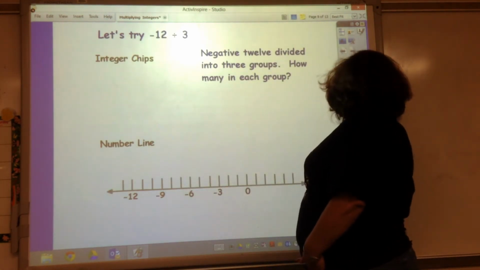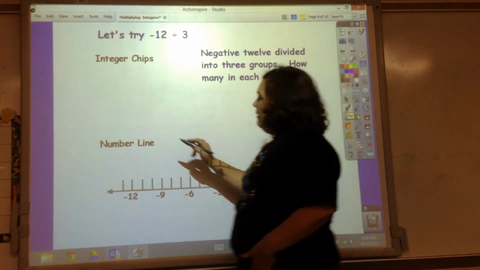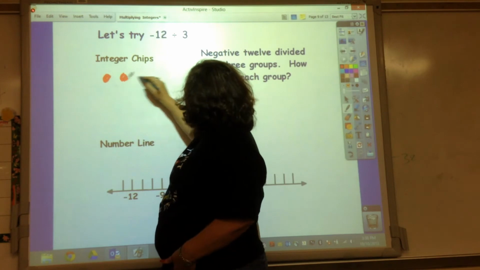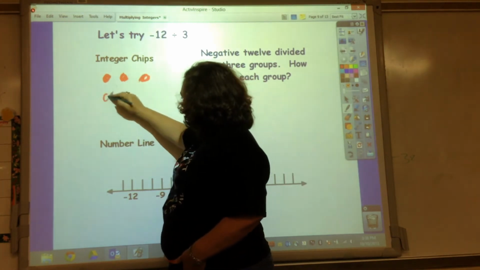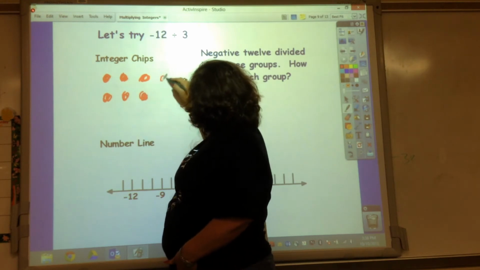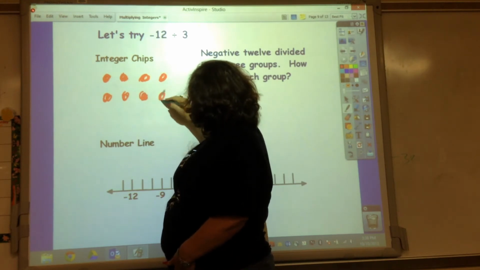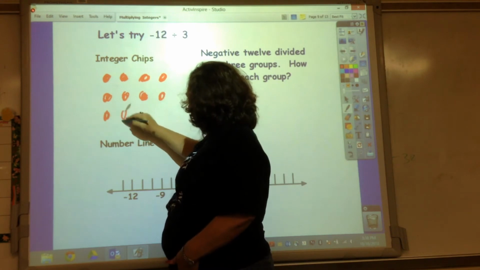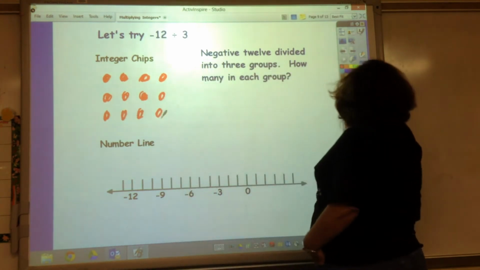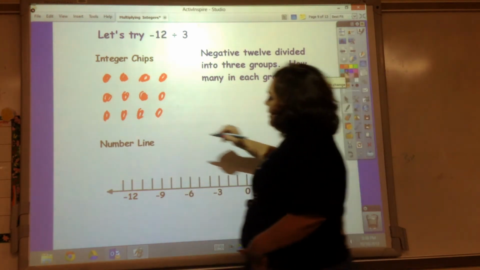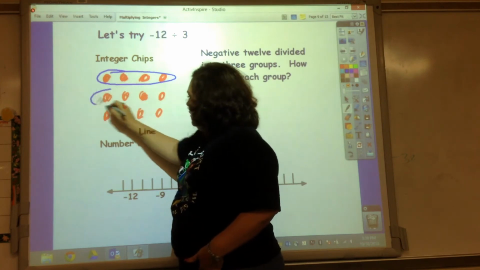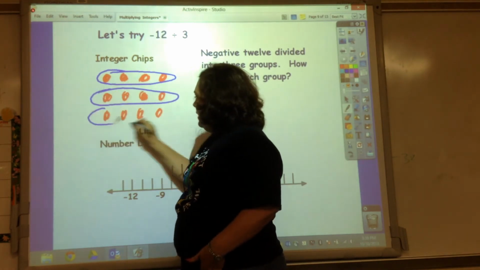If we have integer chips and we have negative 12, so I would draw that, that's negative 12, and these are divided into 3 groups: 1, 2, 3.